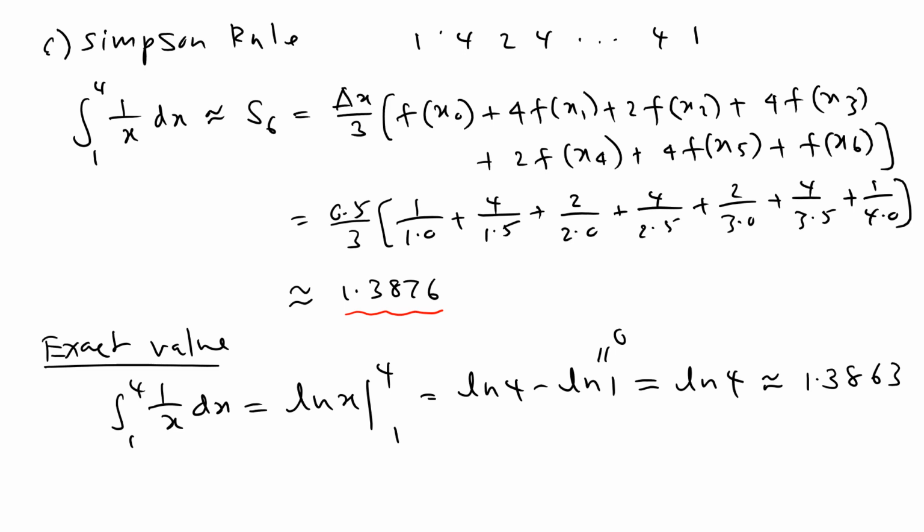It is correct up to two decimal places, and if you round it, you get correct up to 3 decimal places. But the trapezoidal rule is the worst one, with a value which is very far off. The midpoint rule is in between the two, so the best one is the Simpson rule. These are some examples that you can do with those three numerical approximations.